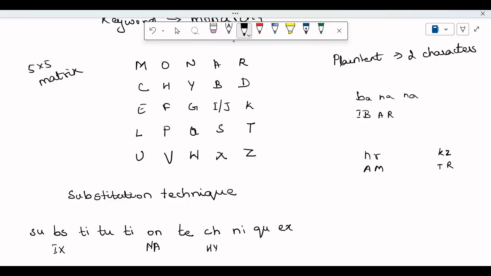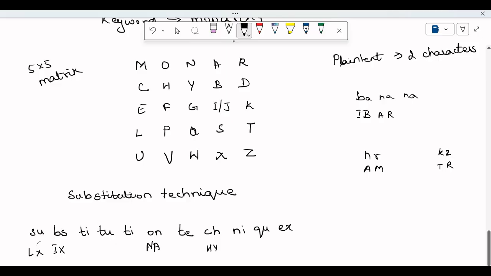Then replace the letter with the letter in its row and in the column of the other. So S is replaced by N. Similarly, U is replaced by the letter in its row and in the column of the other, so it is X.